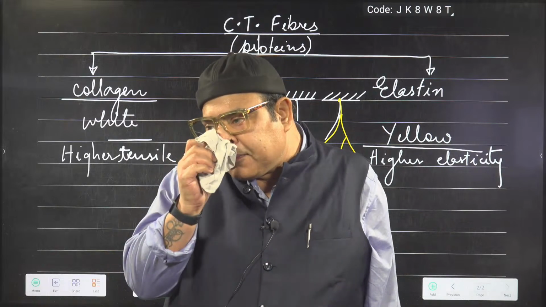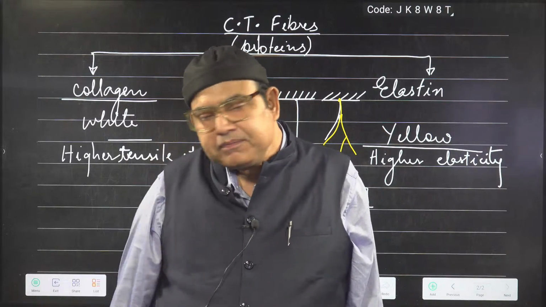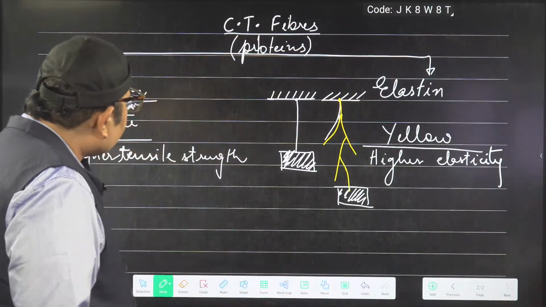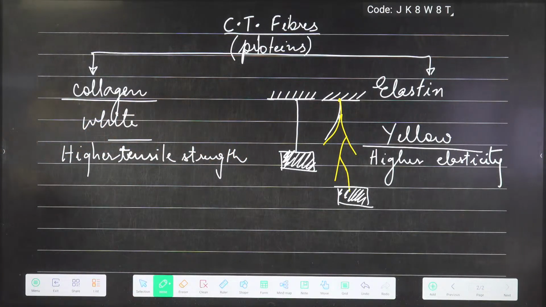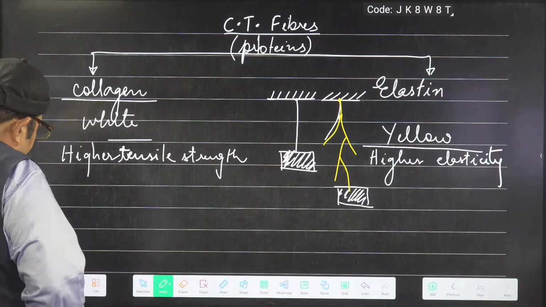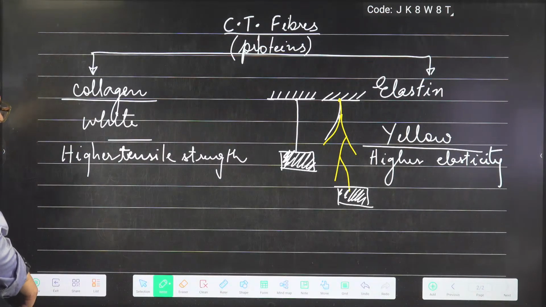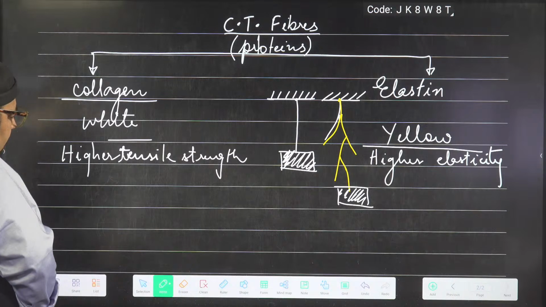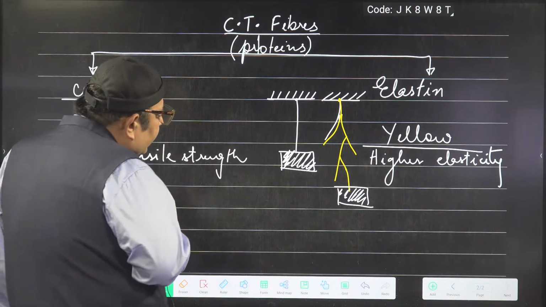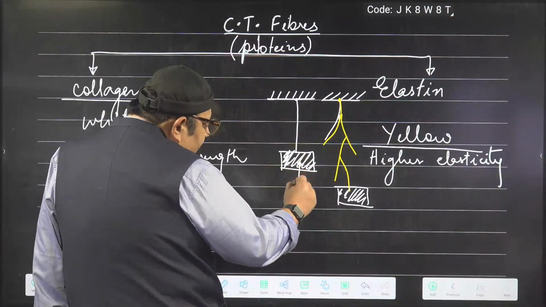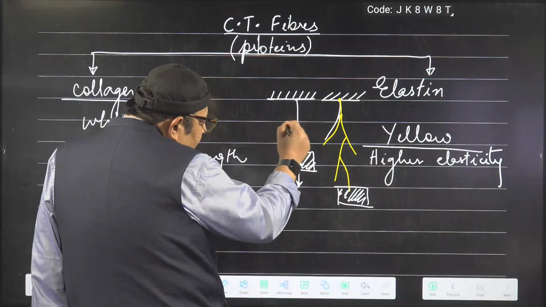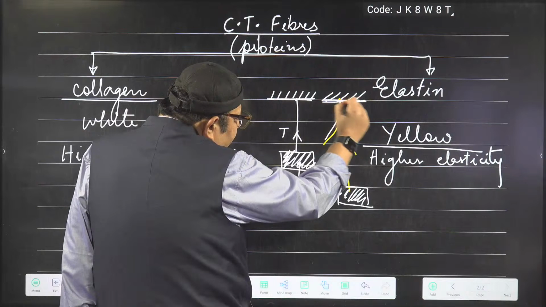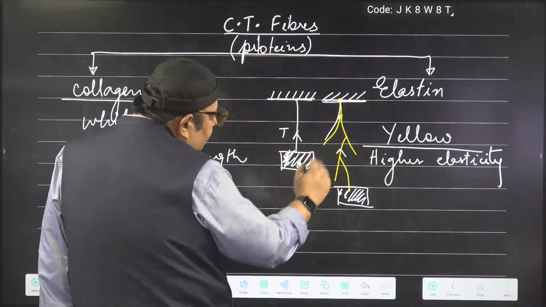The answer is collagen. Very good. Collagen fiber has higher tensile strength, which means it has higher tension bearing capacity, the ability to bear tension. When the weight is applied, the force acts in this direction. Well, this is all Newtonian physics, and my point is not to teach tension right now.